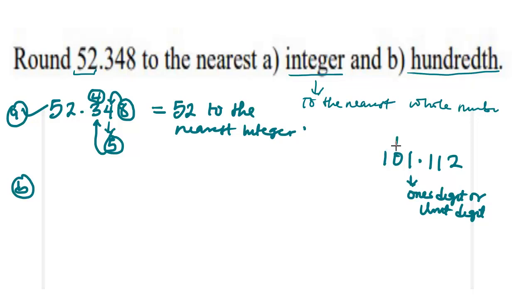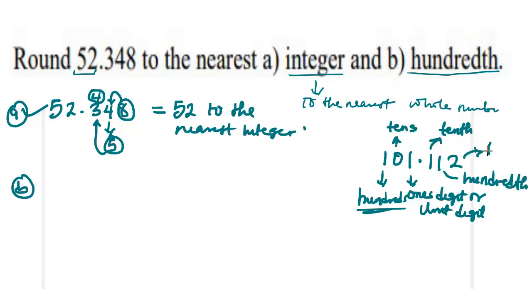Then the following digit here is known as the tens digit, while this one is hundreds. Note something, I didn't put th, but after the decimal point, this digit here is the tenth digit. This one is the hundredth digit, while this one is the thousandth digit.